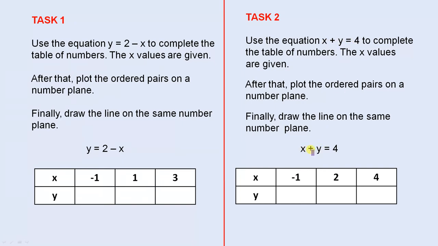I've repeated the equation here, and I have given you some x values. Now, you can use any x values you want from the number plane, but I've just given you some to make the task a little bit easier.